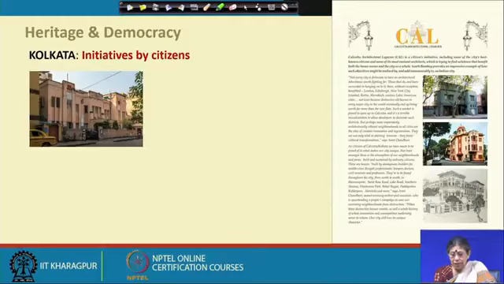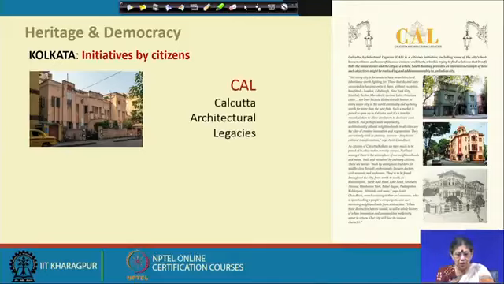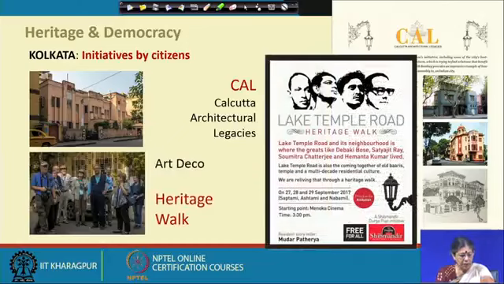But one also has to think simultaneously about alternatives, how to bridge heritage economics, the development issue, and the owners' aspirations. CAL is one such organization playing a very important role.